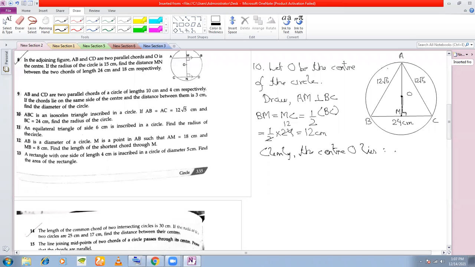The center O lies on AM. Why? Because any perpendicular bisector of a chord of a circle passes through the center of the circle.